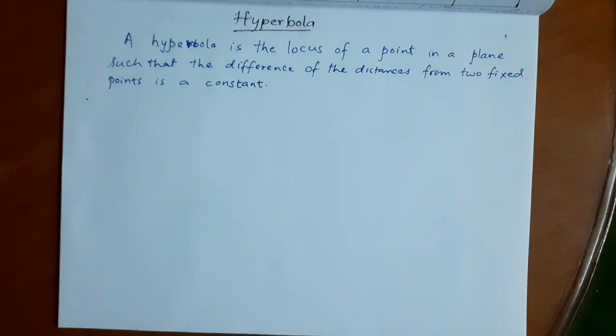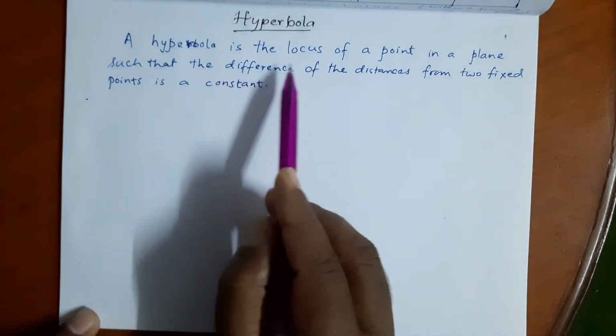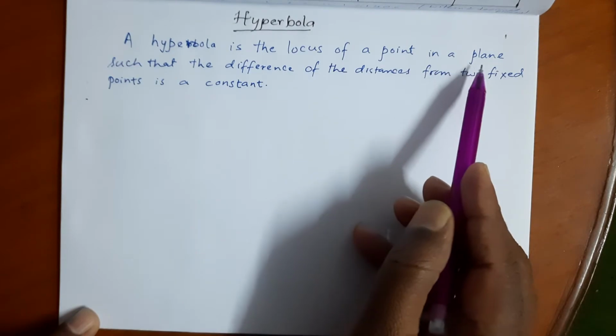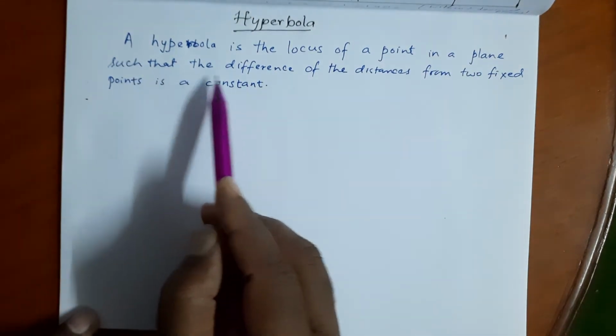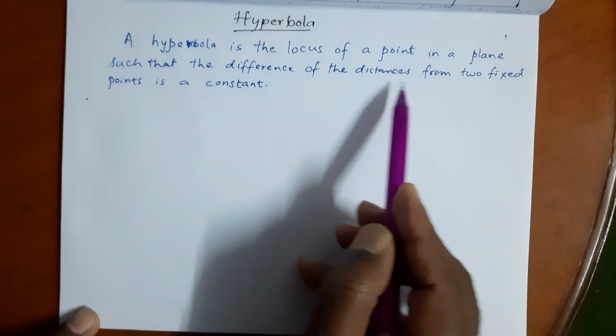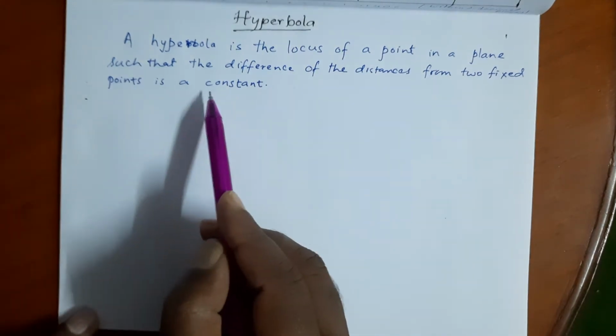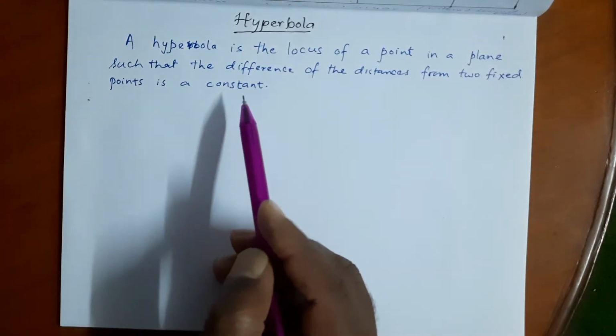So now I'll start today's topic, hyperbola. Hyperbola is the locus of a point in a plane such that the difference of the distances from two fixed points is a constant.